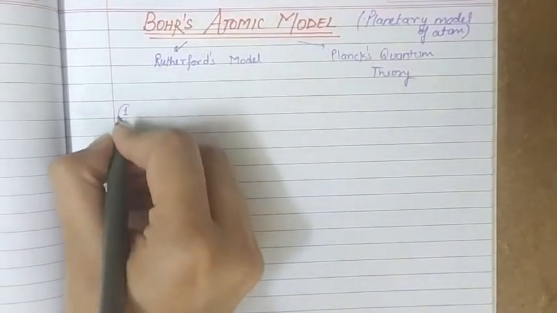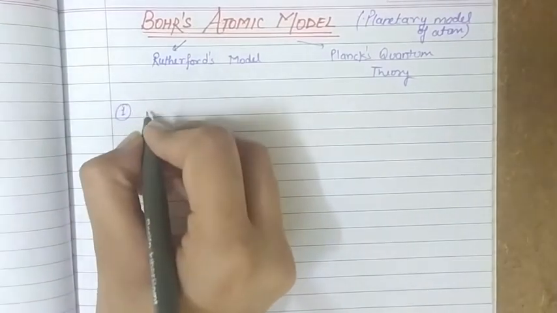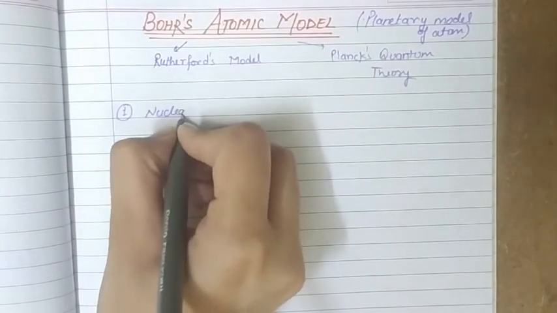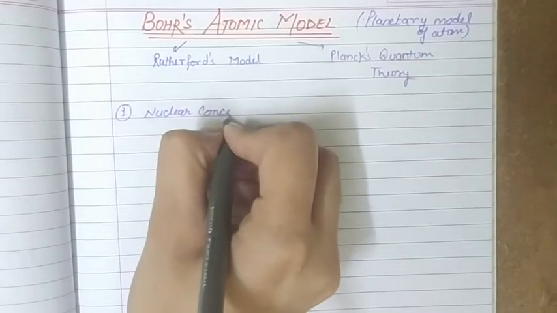The first postulate of Bohr's atomic model is based on the nuclear concept that was also present in Rutherford's model.